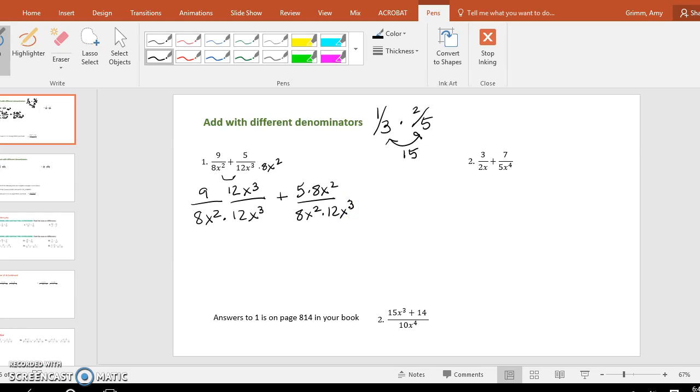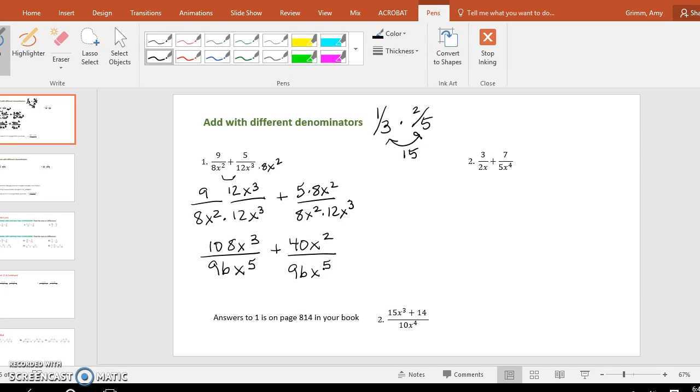Okay, so now I can go ahead and do some multiplying, and I'll have a common denominator. So I have 9 times 12, which is 108x to the third, over 8 times 12, which is 96x to the fifth, plus 5 times 8, so that's 40x squared over, and then this has to be the same, 96x to the fifth.